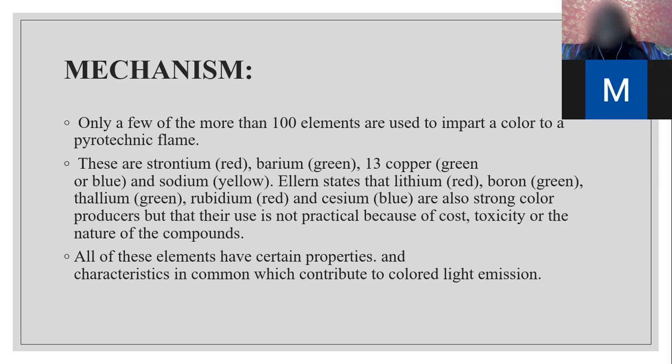He said that these occur naturally, but their cost is very high, they are toxic, and their nature is not suitable, and that's why they cannot be used practically, although they are strong color producers. All of these elements have certain properties and characteristics in common, which contribute to the colored light emissions.